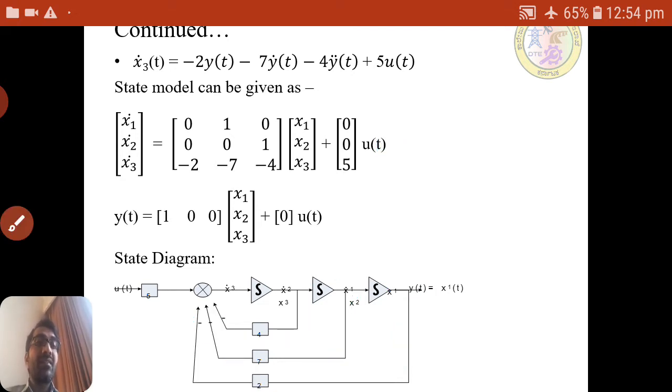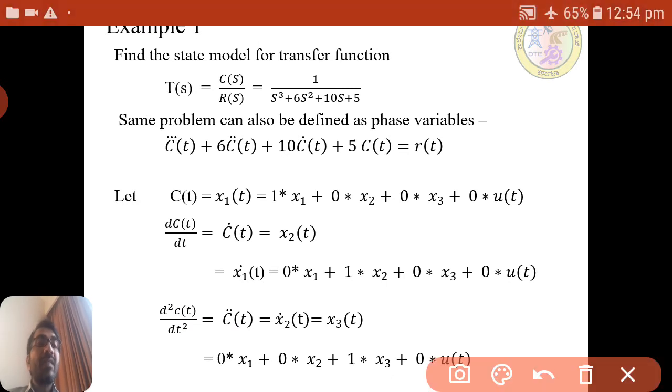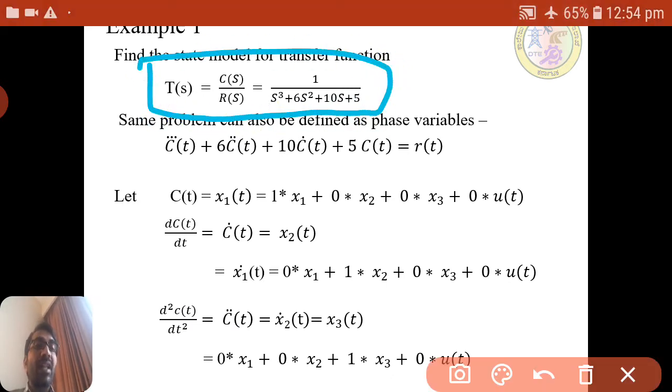So let us consider the next problem. In this problem, it is in the form of a transfer function, that is T of s is equal to C of s divided by R of s. So C of s is 1 and R of s is s cube plus 6s square plus 10s plus 5.